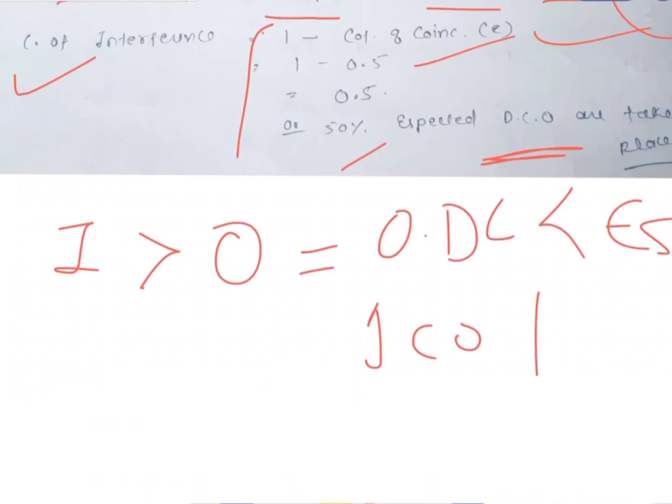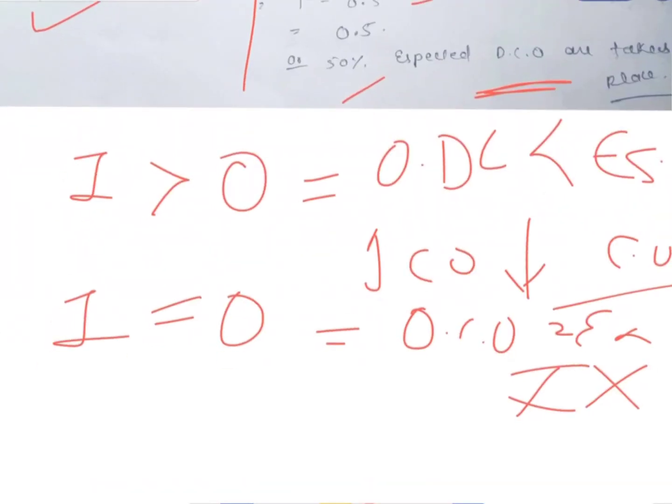Now there are three possibilities with the coefficient of interference, I. If the value of I is greater than 0, it means the observed double crossover is less than expected; the first crossover decreases the chance of the second crossover. If the coefficient of interference is equal to 0, the observed crossover is equal to the expected, so there is no interference.